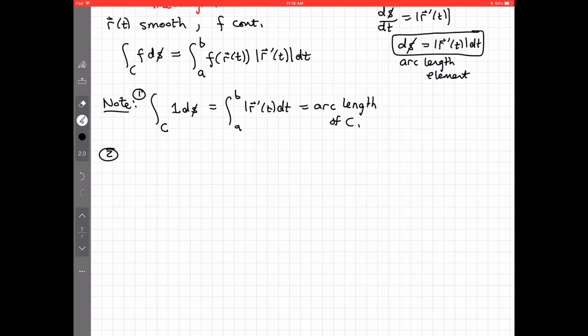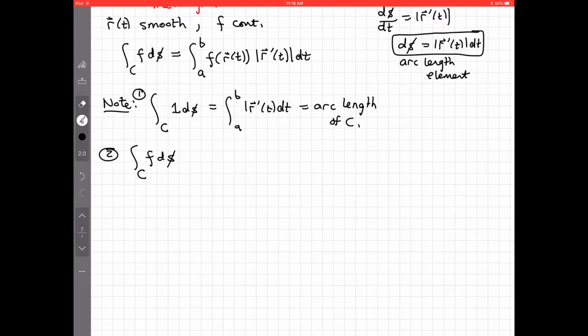All right, next thing I wanted to point out is that for a smooth curve, if we reparameterize, so we have more than one parameterization, the line integral itself is only going to change by essentially a u substitution.